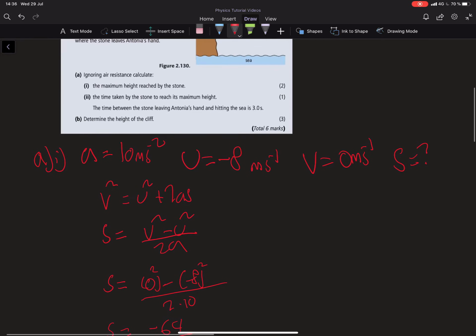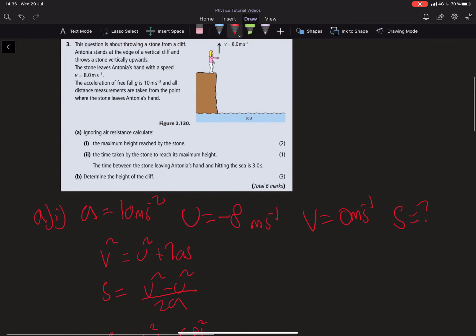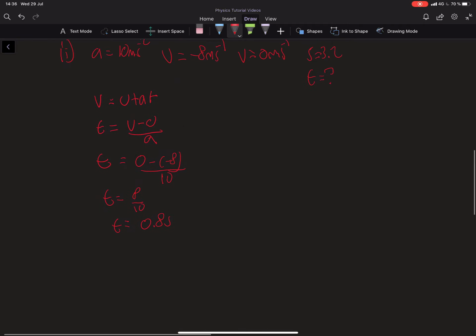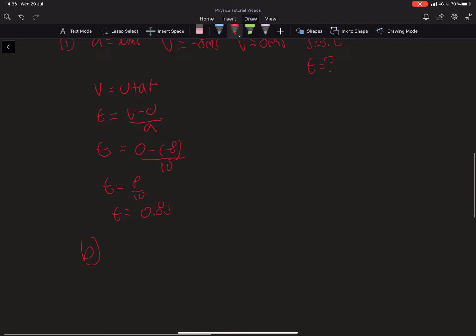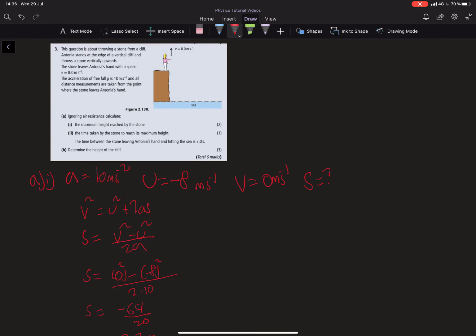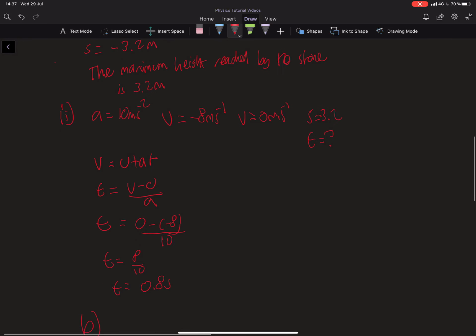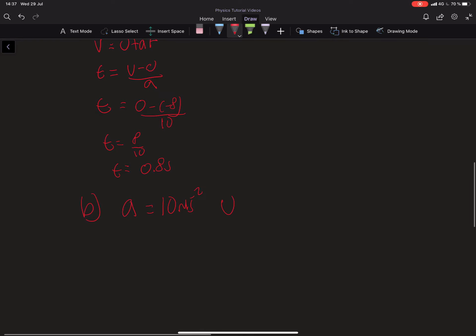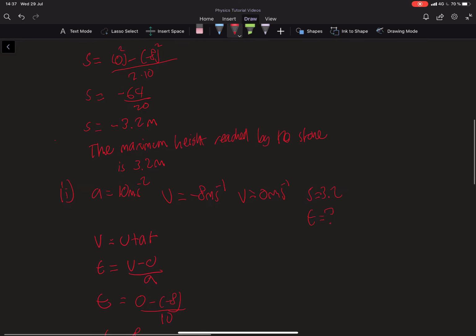Moving on, question B, determine the height of the cliff. So let's again write down what information do we have for question B. Well, the initial velocity of the rock remains the same, and the acceleration also remains the same. So we have a is equal to 10 m/s^-2, and u is equal to negative 8, right?